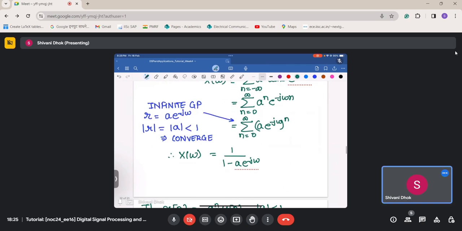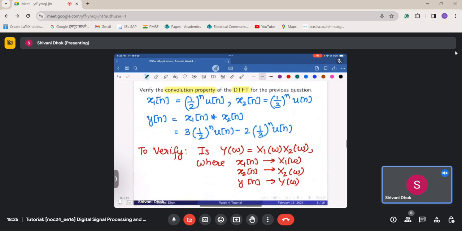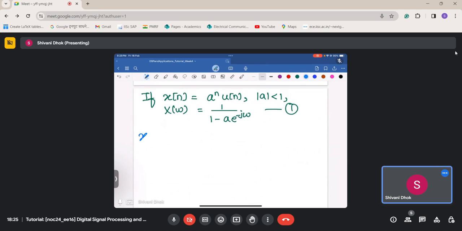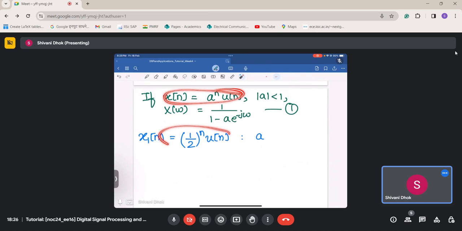So now let us go back and look at our x1 of n and x2 of n, which are of that particular form. Let us consider x1 of n, which is (1/2)^n u[n]. Comparing with this form, my a is equal to half, which is less than 1.